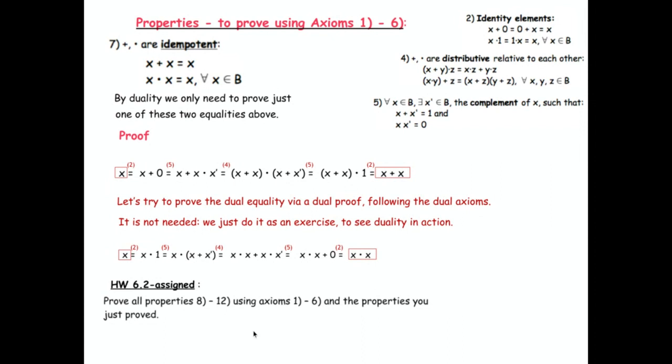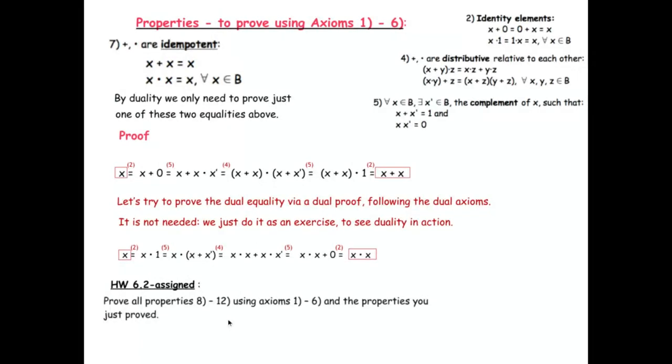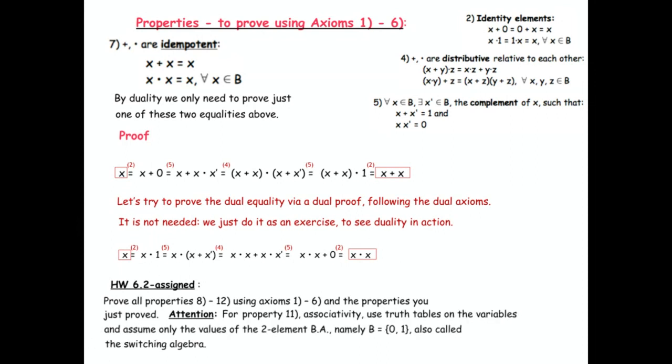So you can rely on the idempotency we just proved to prove the other 5 properties. Also, if there are multiple proofs possible, you only have to provide one. You don't have to do it the way I did it here. Any questions about that for the homework? Okay.